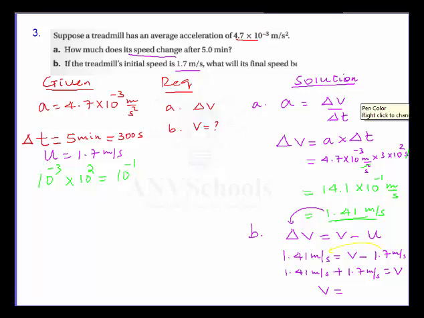So 1.41 meters per second plus 1.7 meters per second is equal to v. Adding 1.41 and 1.7, we get 3.11. The final velocity is 3.11 meters per second. This is the final velocity of the treadmill. So the change in velocity is 1.41 and the final velocity is 3.11.